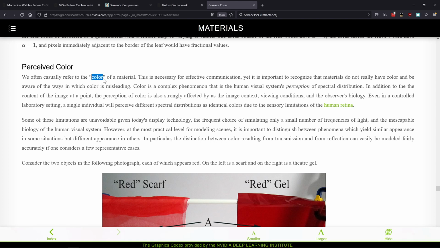Color. Oh boy, color in quotes. Yep, that is a spot on definitional description of how color is not useful in an absolute framework.